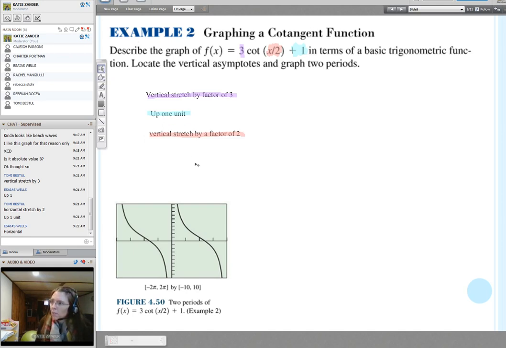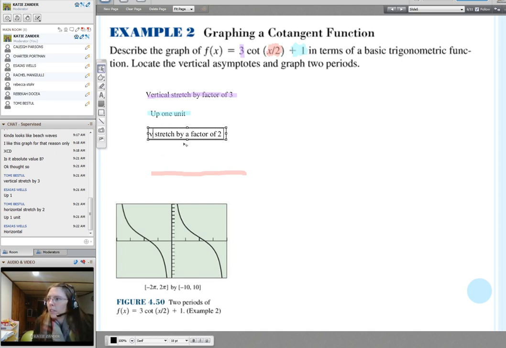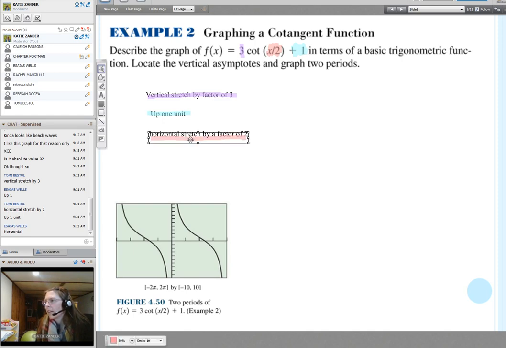It's not letting me type. Oh, I know why, because I'm in the highlighting portion. Okay. I said horizontal, but I think I wrote vertical, so I apologize. There we go. That's better. Thanks, Isaiah. All right, any questions with the transformations before we move on to the asymptote piece?